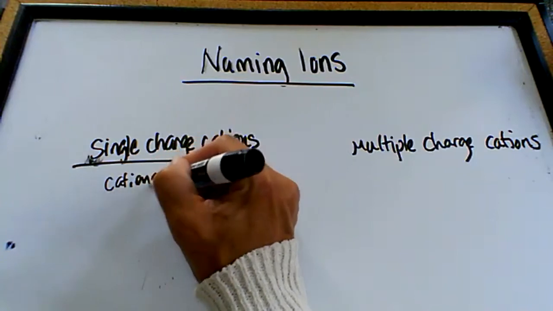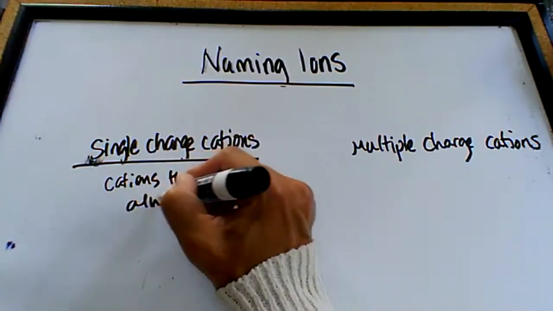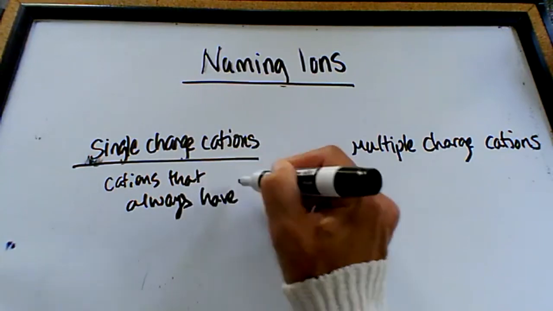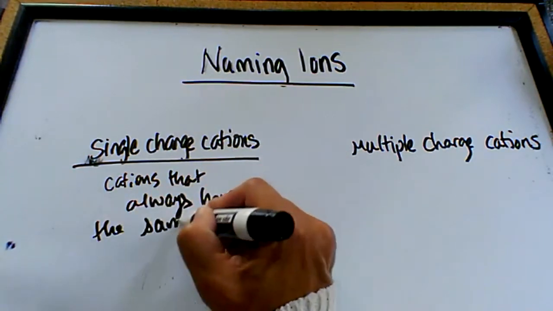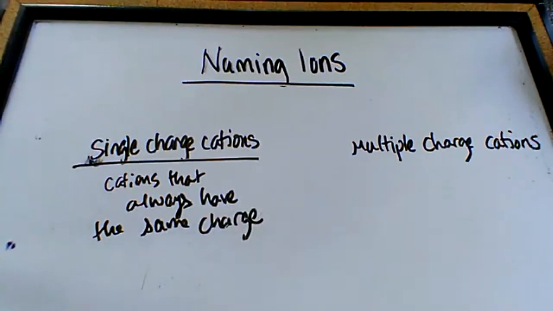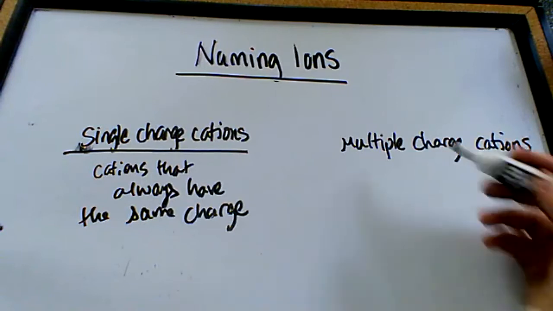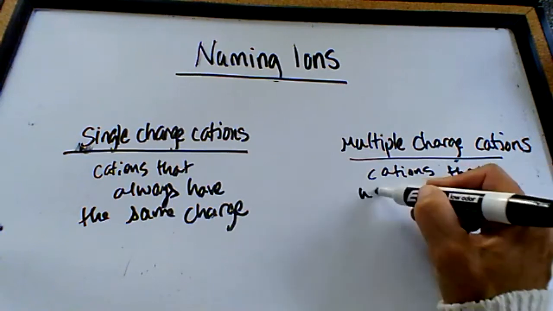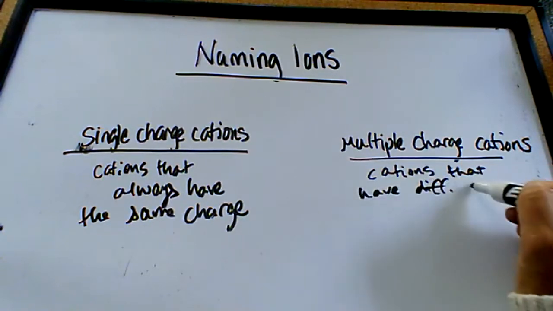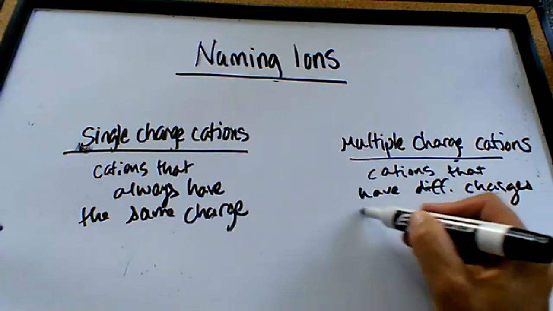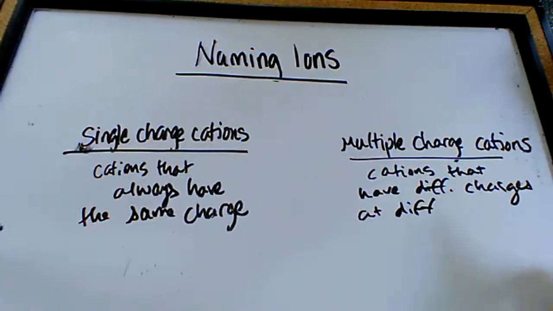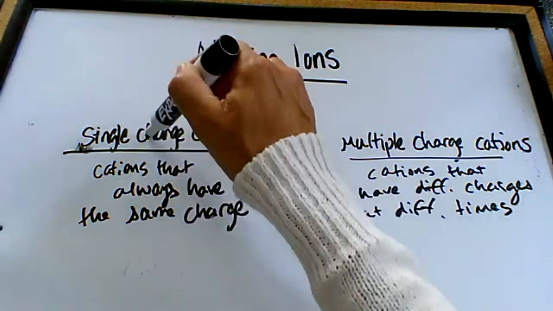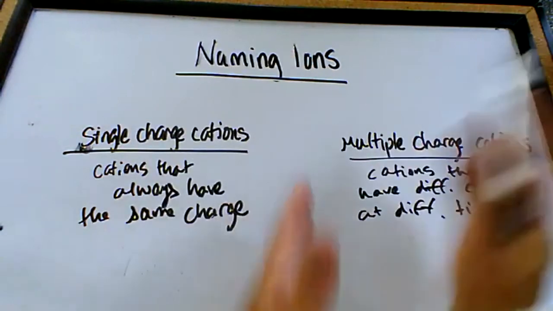I like to write things out for those of you that like to write it. Single charge cations always have the same charge. Multiple charge cations have different charges at different times. Sometimes they're a +1 charge, sometimes +2, sometimes +3, etc. With a single charge, there's only one charge involved. Multiple charge, the charge changes.